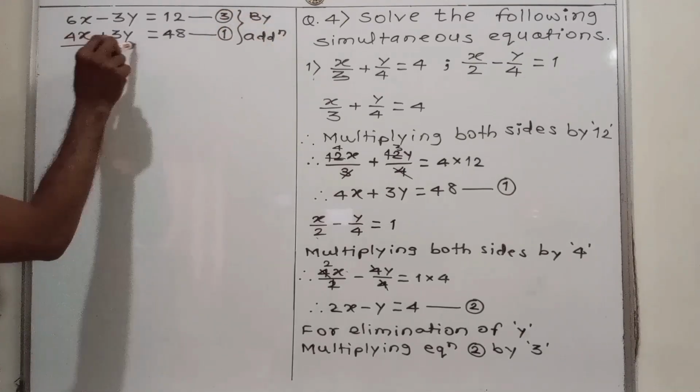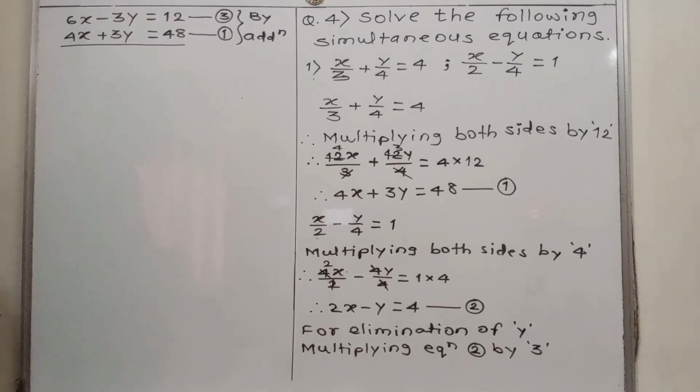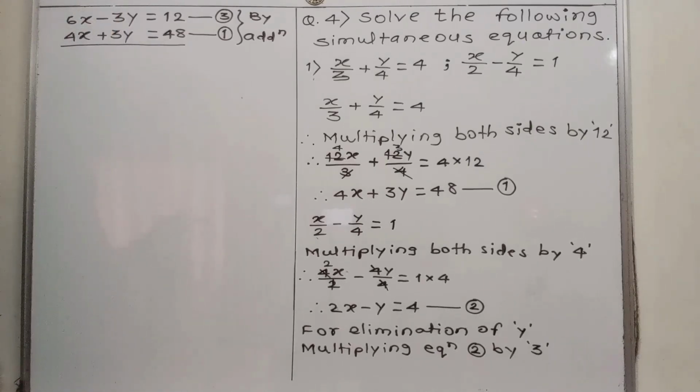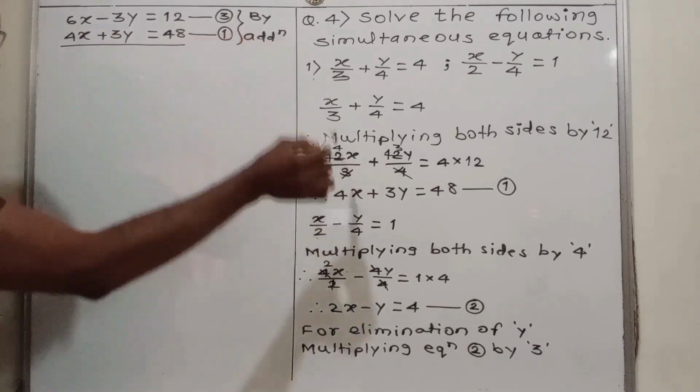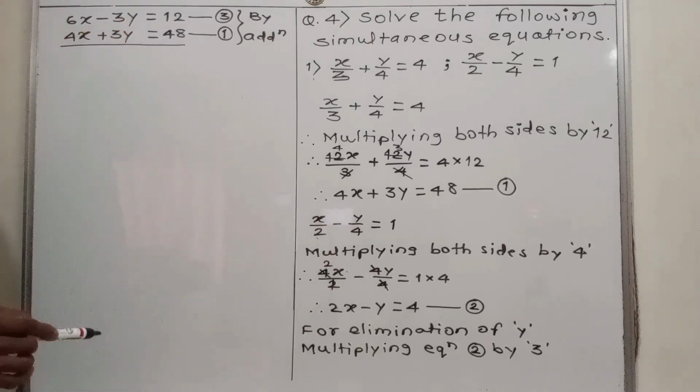By addition, because here coefficients of y are same and signs are opposite. We want coefficients of any one of the variables equal. If those are not equal, then equate them. We have equated.